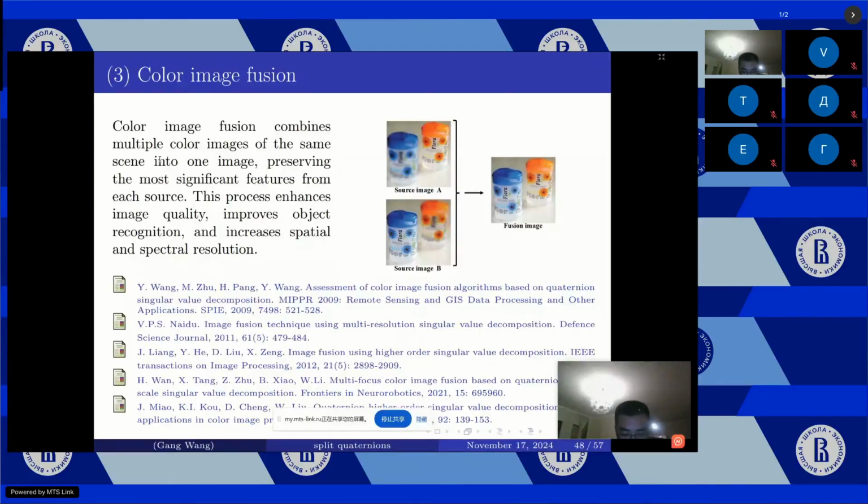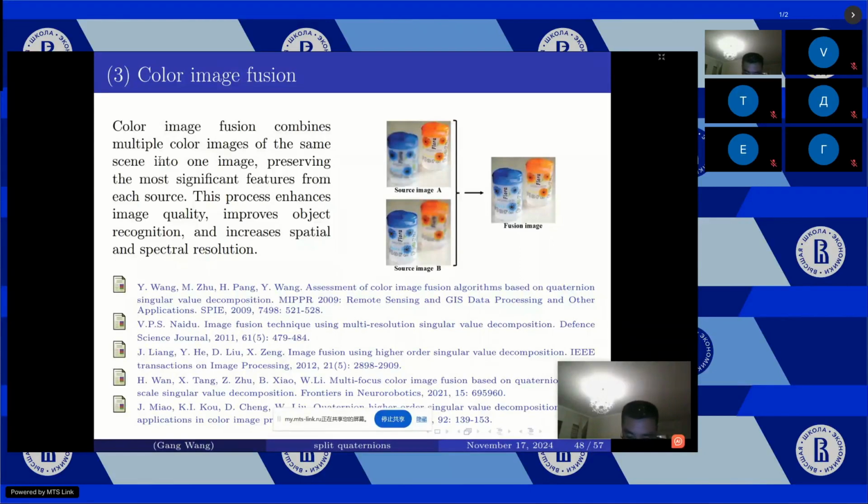SVD is practically useful in this context because it decomposes images into their constituent components, allowing for the identification and retention of important features while discarding less relevant information.